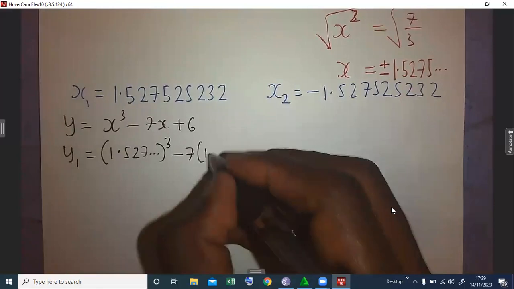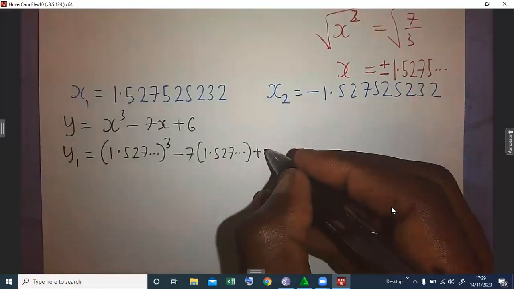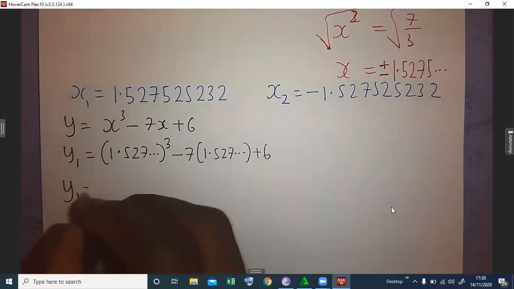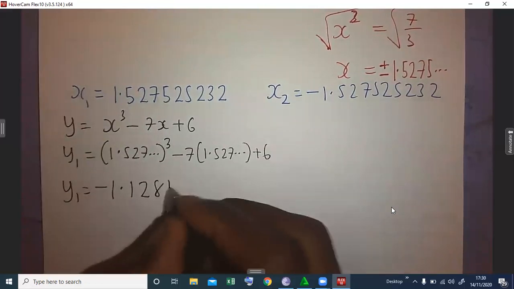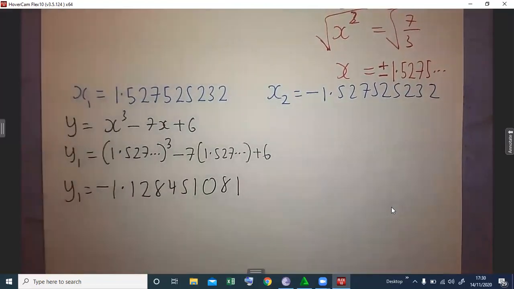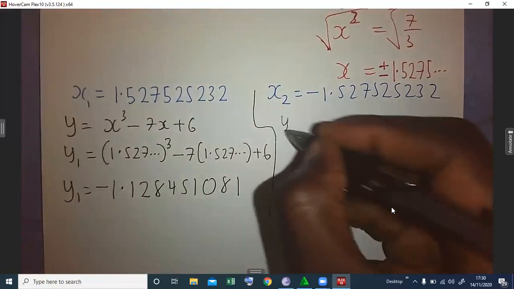And then also here 1.527 dash dash dash, meaning the whole calculator value. Then you work it out, and I end up with negative 1.128451081.